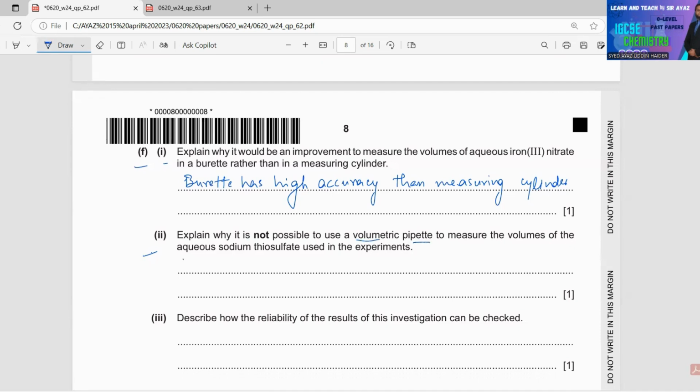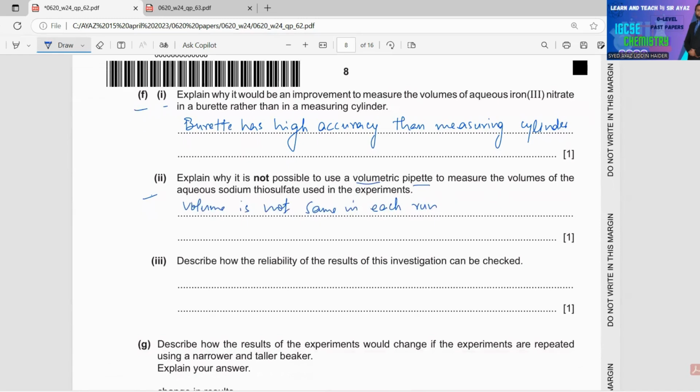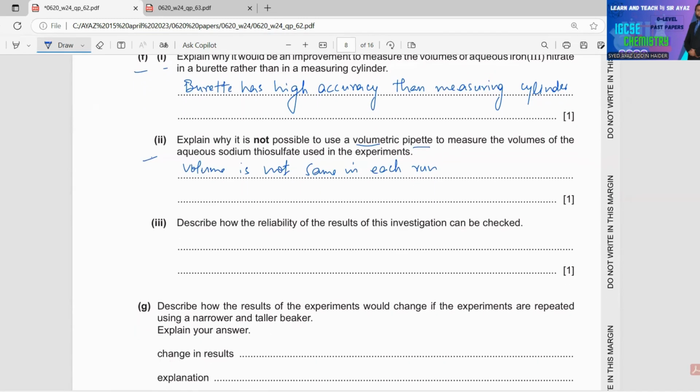So you write: volume is not same in each run. You can only mention the volume of the pipette, it's like 25 centimeter cube, fixed.